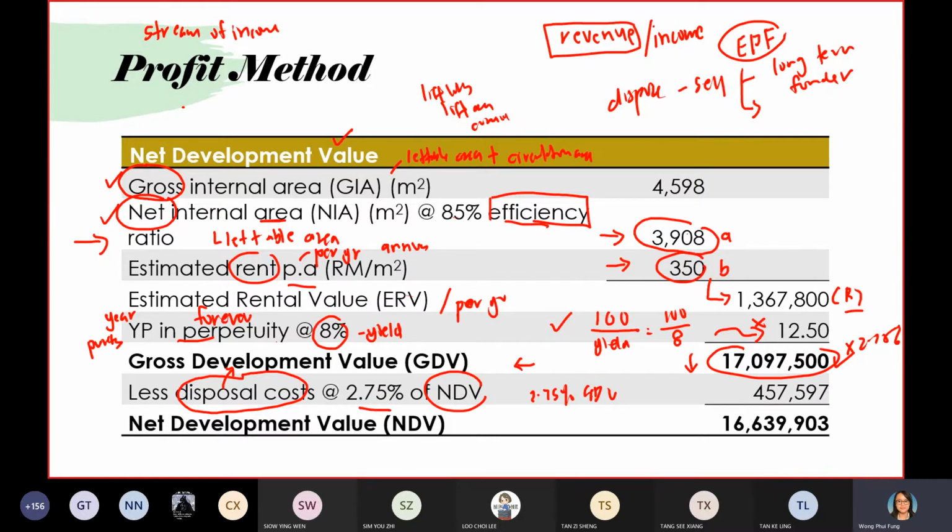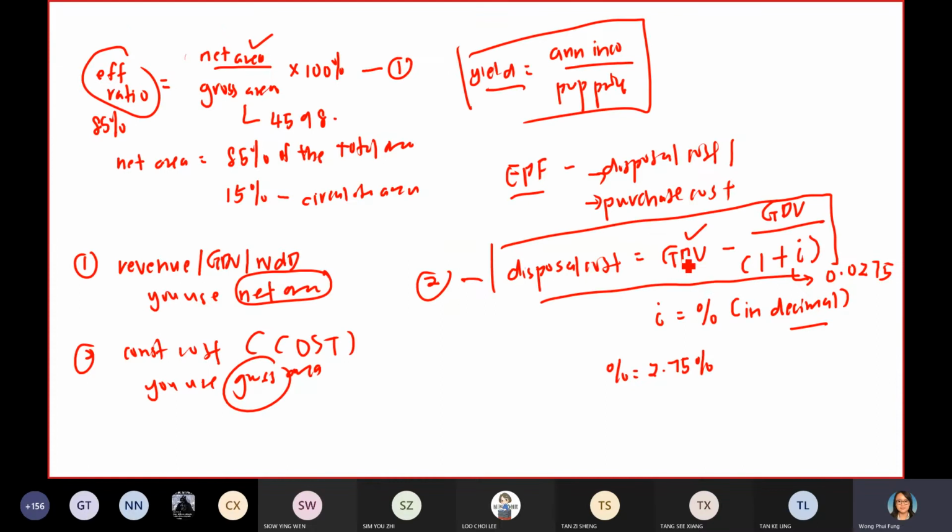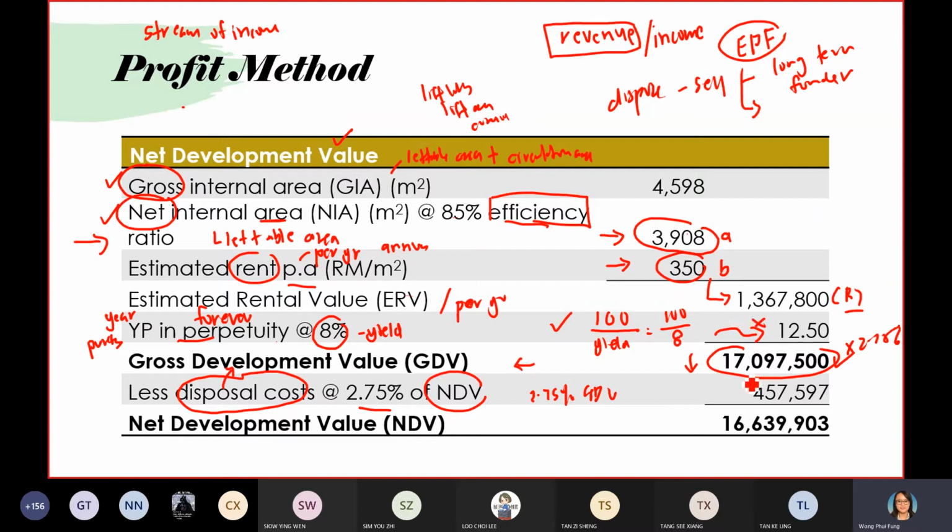So that's why you need to work backward. You use the GDV to calculate the disposal cost. You shouldn't use this GDV directly times 2.75%. It's wrong. So that's why you have to use the formula I gave you just now. So you calculated already, right? So this is the disposal cost, the purchaser cost that is going to be paid by the EPF.